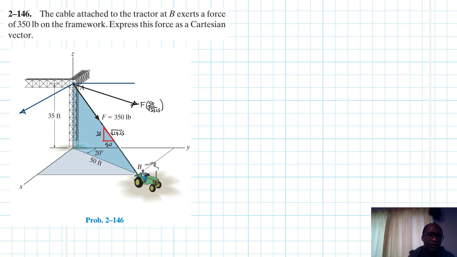Then we'll have another component in this direction like so. Great. So let's label them. This becomes f times 50 divided by root of 3725.